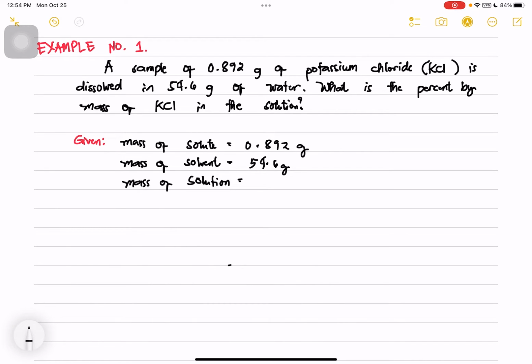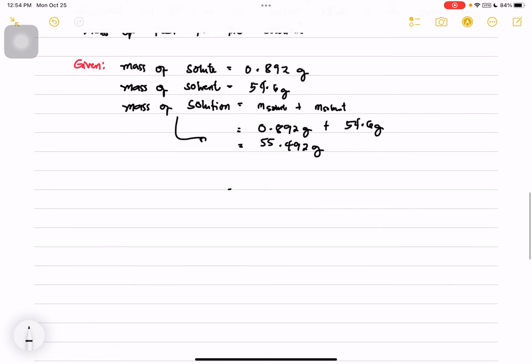Now, what about the mass of solution? So we all know that mass of solution is equal to the mass of the solute plus the mass of the solvent. So this will become 0.892 grams plus 54.6 grams, and the final mass of the solution is 55.492 grams.